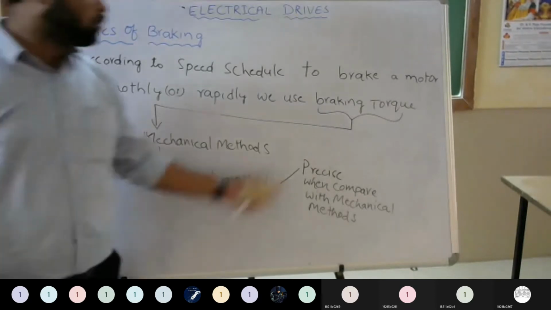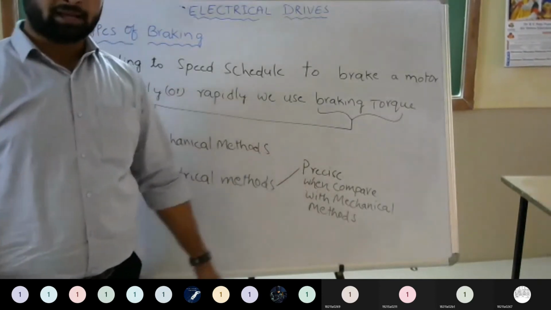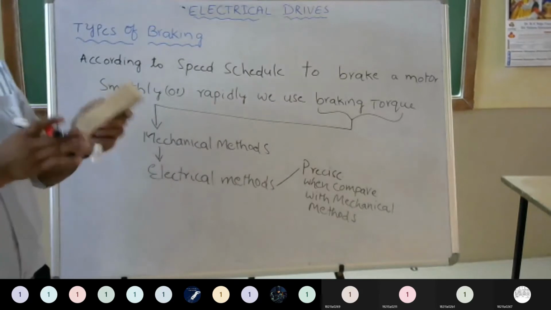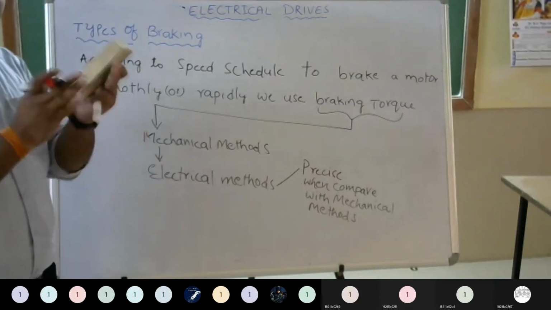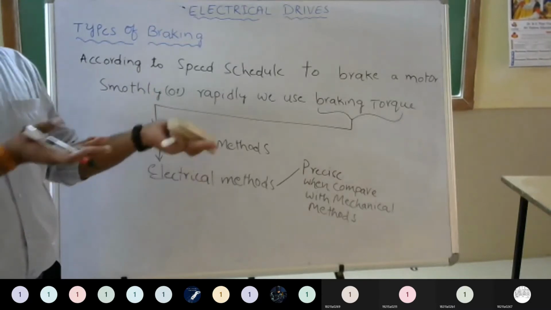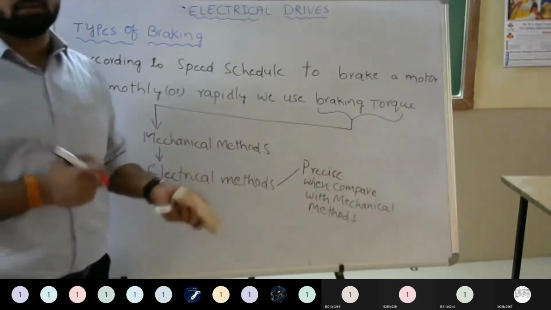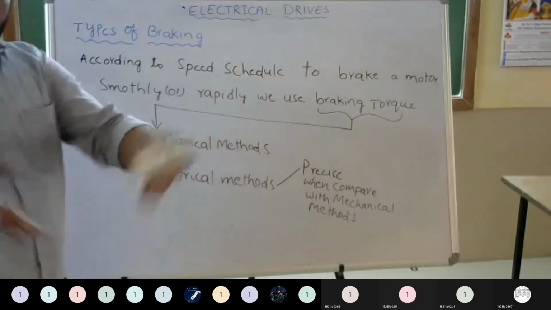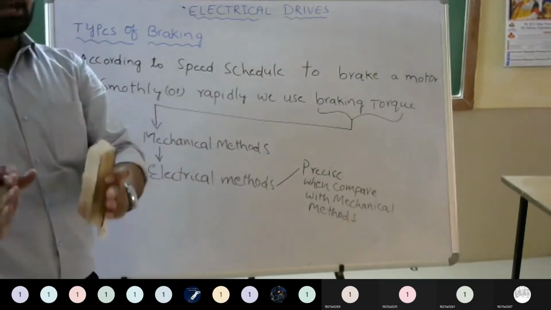Electrical methods are more precise when compared with the mechanical method. Also, wherever you want accurate stopping, where you have to stop exactly at a position, like our metro trains. When you see metro trains, there will be some markings, and the door will come exactly at that position.